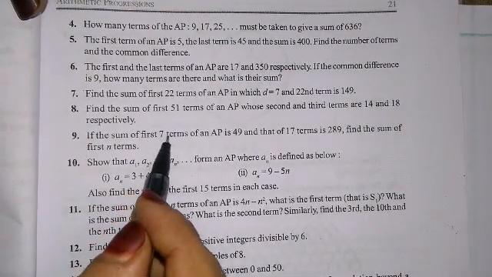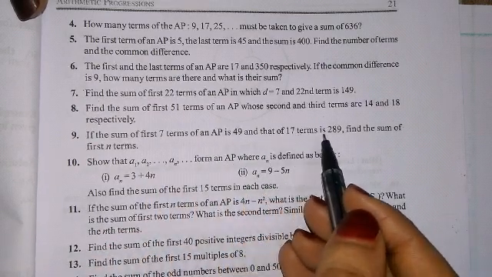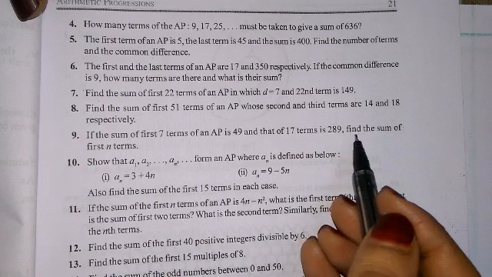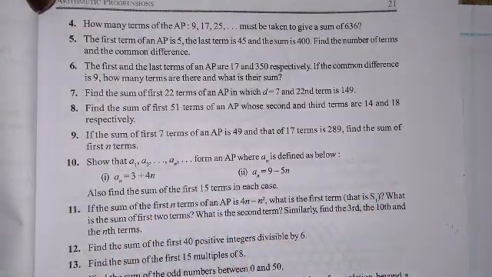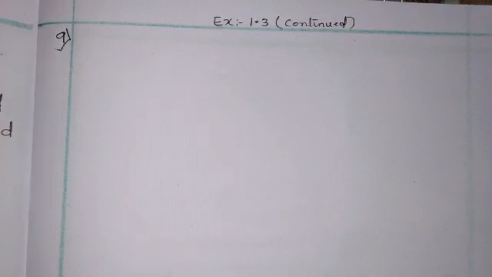If the sum of first 7 terms of an AP is 49 and that of first 17 terms is 289, find the sum of first n terms. Okay, let us do what they have asked in the question.